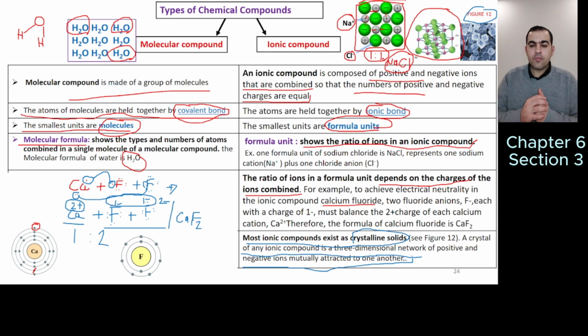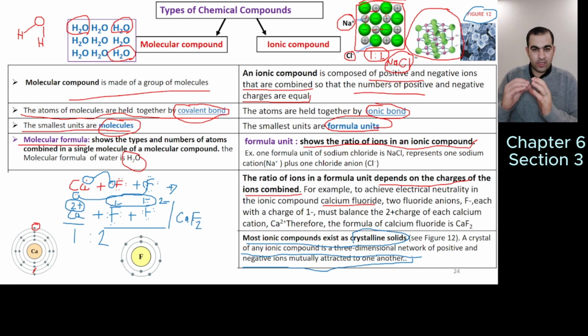The smallest units of ionic compounds are formula units. Formula units are the ratio of ions. It's not about the smallest particle, it's about the ratio, a small whole number ratio of ions.